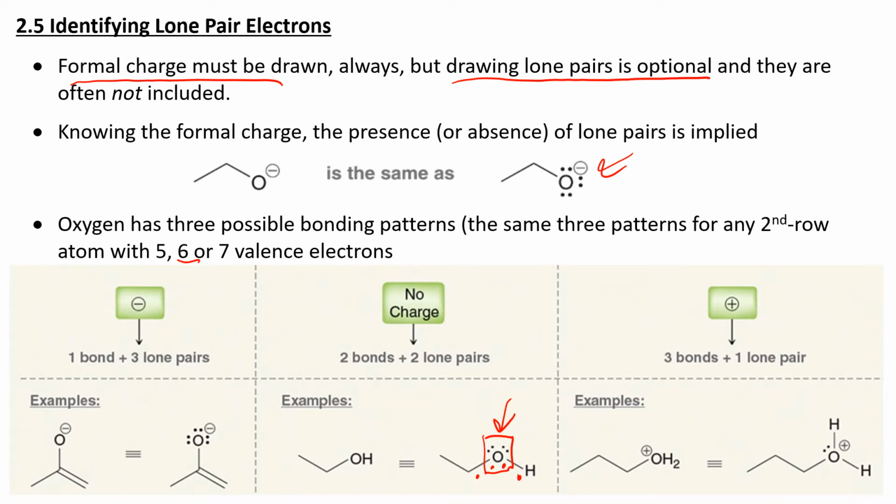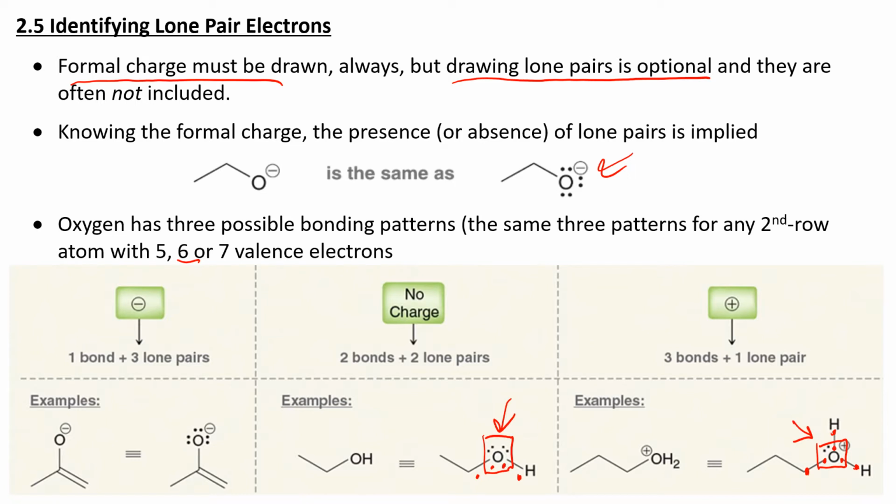When an oxygen atom only owns 5 valence electrons, then it will have a formal charge of +1. So let's give 1 to hydrogen, 1 to oxygen, 1 to hydrogen, 1 to oxygen. We'll give 1 to oxygen and 1 to carbon.